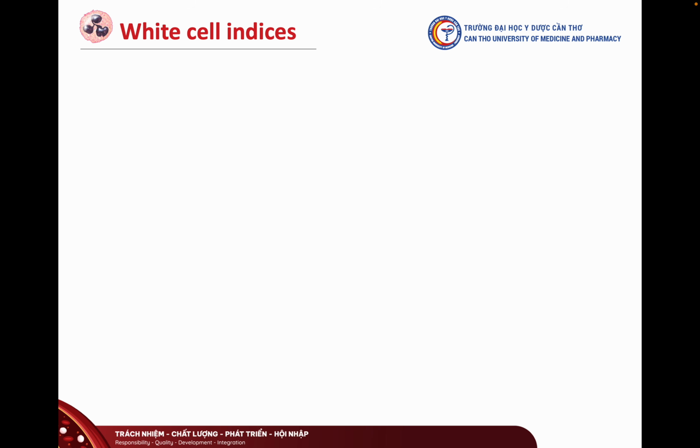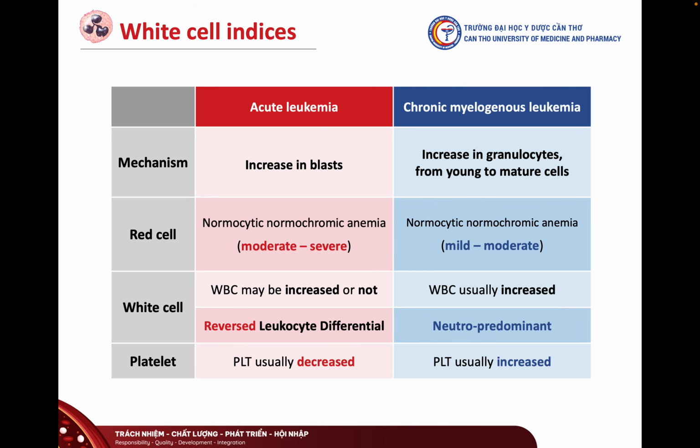Let's briefly compare acute leukemia and chronic myelogenous leukemia (CML), two important causes of white cell abnormality in bone marrow malignancies. In acute leukemia, the key issue is an increase in blast cells. These are immature cells crowding the bone marrow, leading to moderate to severe anemia.